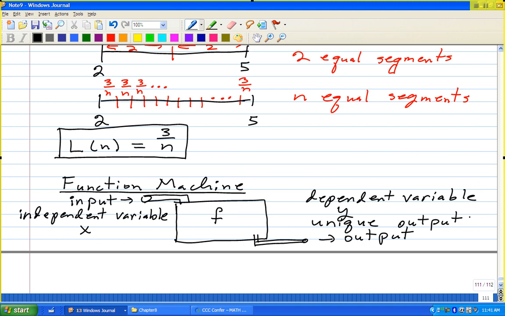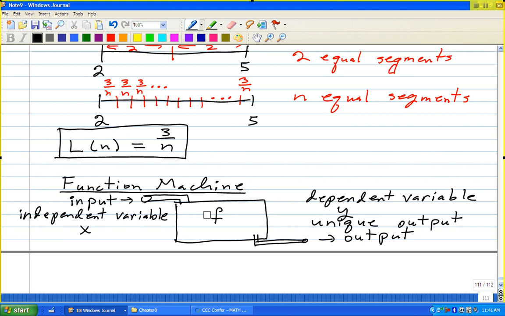meaning that if you input your selection, say this is a vending machine, and your input is that you've selected what you want, then the output has to be unique. When you input your selection to a vending machine, you don't want all of a sudden to get coal when you wanted a candy bar.